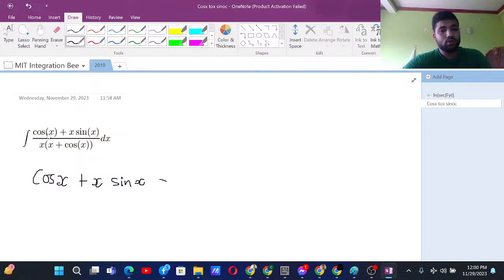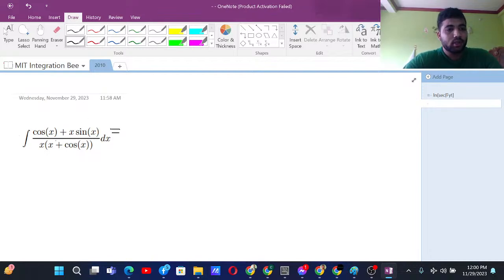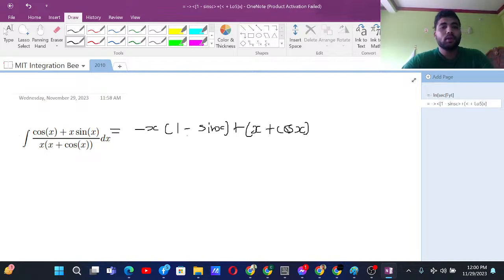Okay, so what we can do is write this expression as x minus x times 1 minus sin x plus x plus cos x. Yeah. So, but how do I know this?